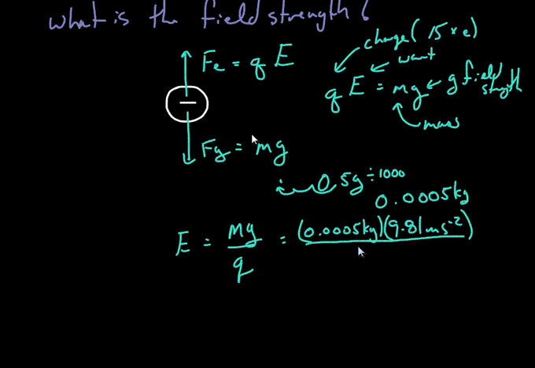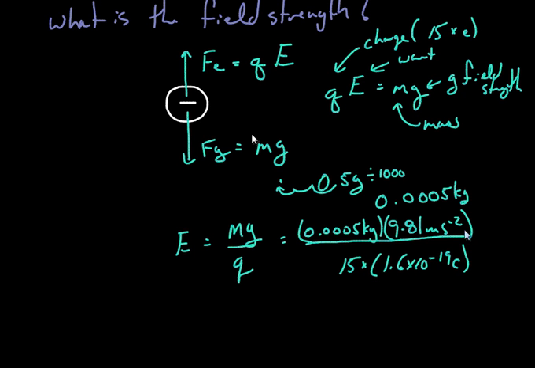Kilogram meters per second squared, we get newtons on the top, okay? Q on the bottom, which is the amount of charge we're talking about, so that's 15 times the charge on a single electron, which is 1.6 times 10 to the negative 19 coulombs on the bottom.